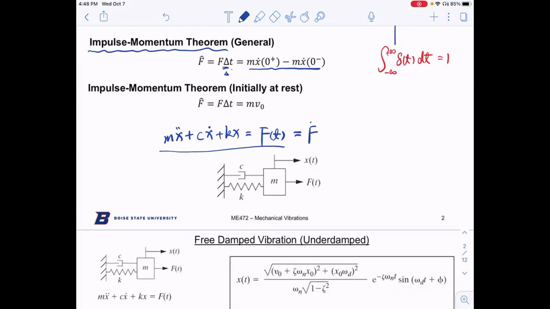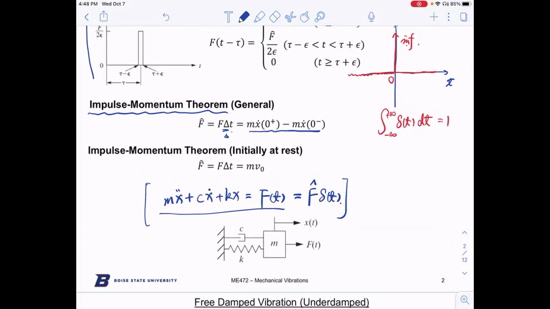It's actually an impulse. It's not easy to solve this directly because your impulse is a discontinuous function and it has a value of infinity. So if you directly put the force term in this ODE, it's really hard to solve.